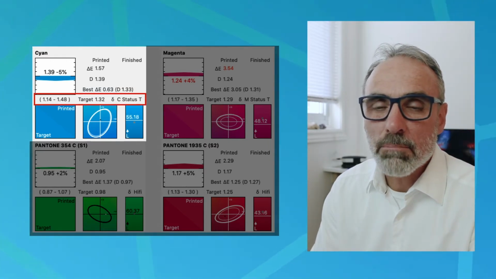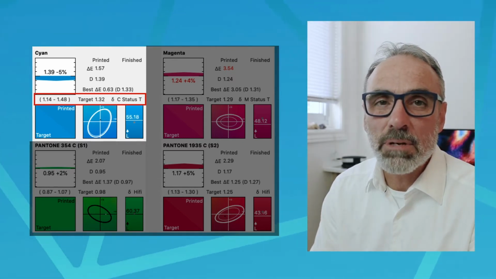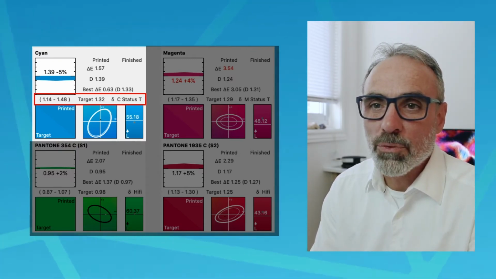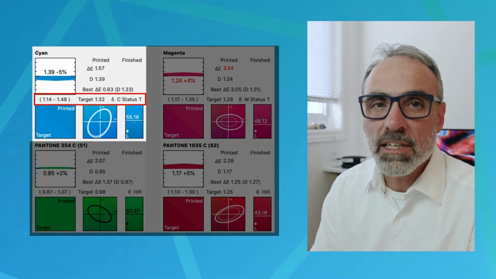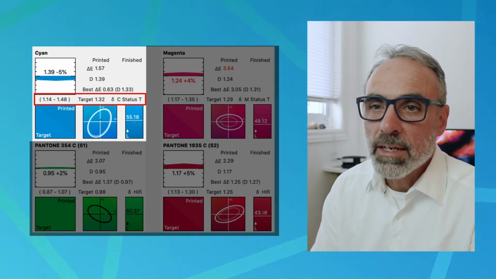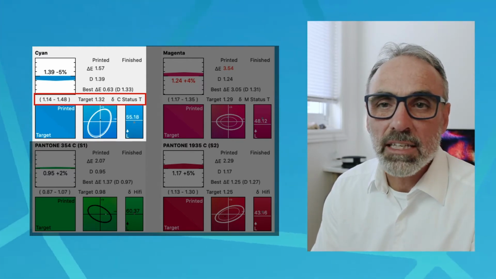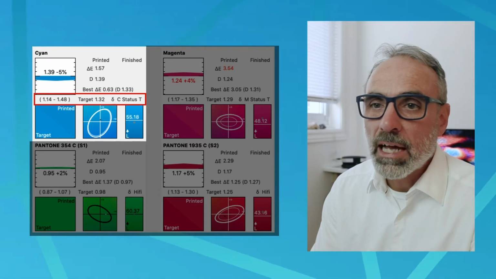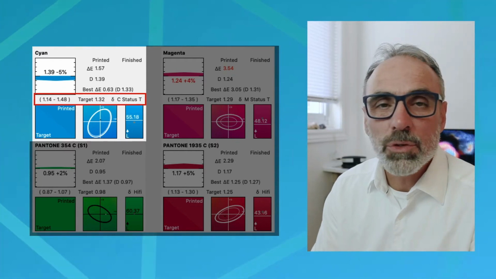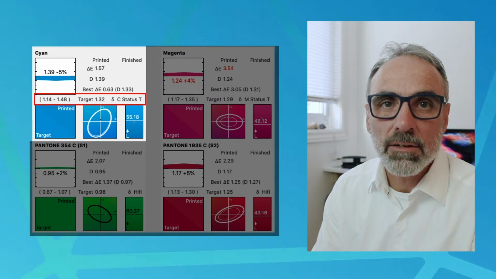Below this, in the brackets, we have the values for the density that have been read throughout the job. So the range of 1.14 to 1.48 represents the density of the cyan values that have been measured throughout the whole job. Next to that we have the estimated target value. This is a dynamic density, and it may change during the job. However, the target that pressSIGN has calculated is that you need 1.32 density in order to get the very best colour match against the target standard.